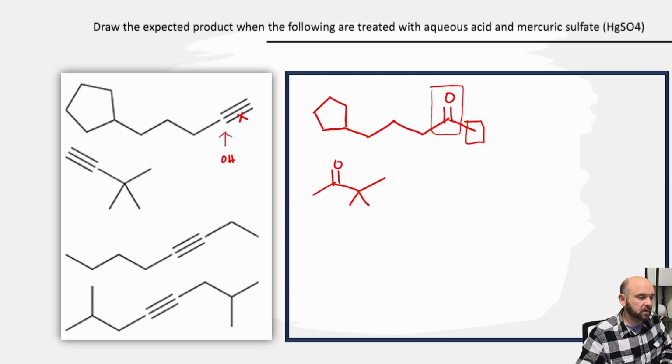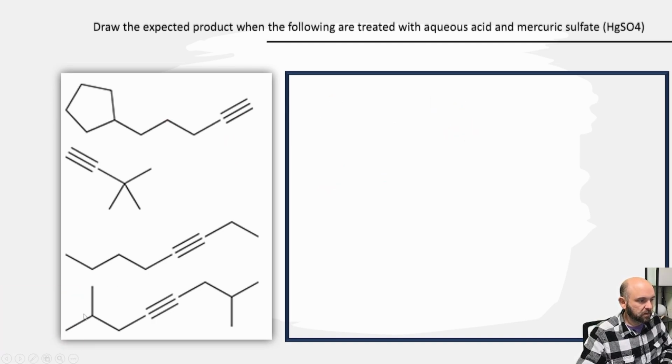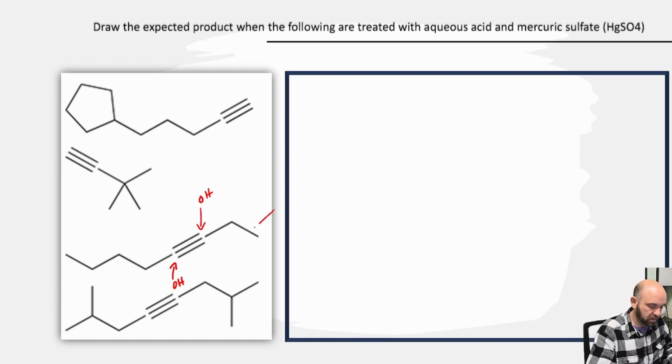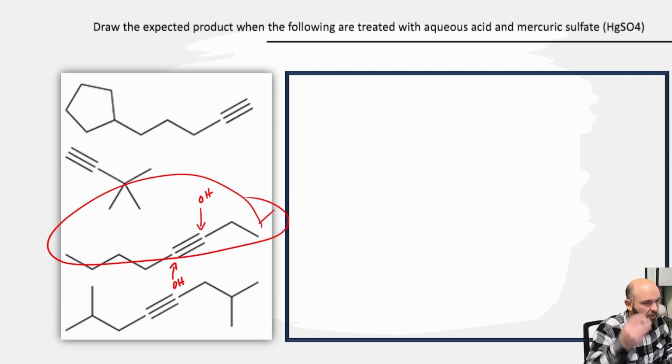The next two examples down there are internal alkynes, and so they are going to give us products that install an OH here or here and then tautomerize. In this example, we're going to get some mixed products. There are 8 carbons in this chain.